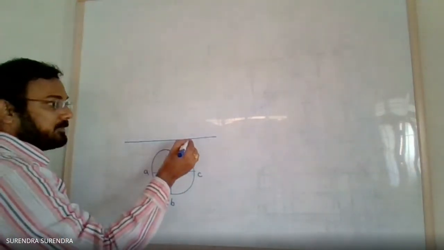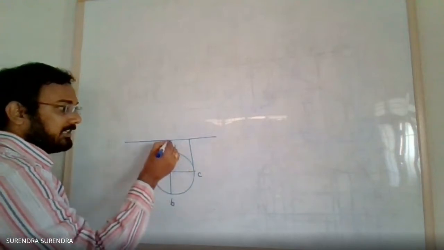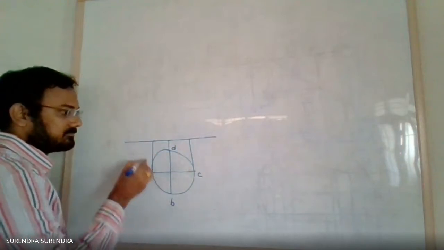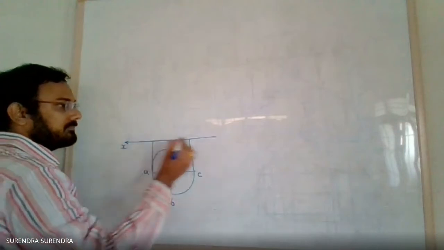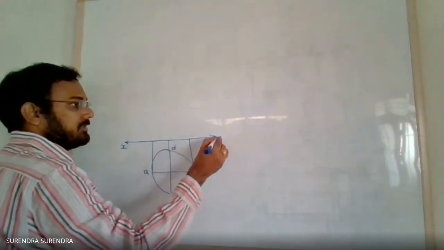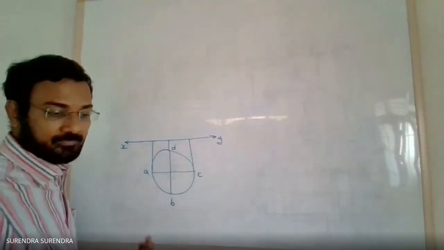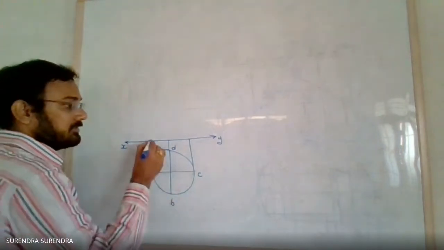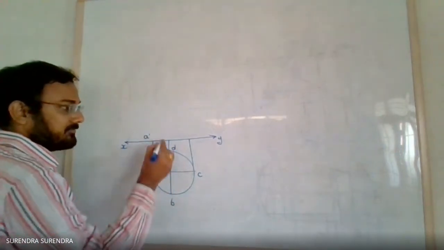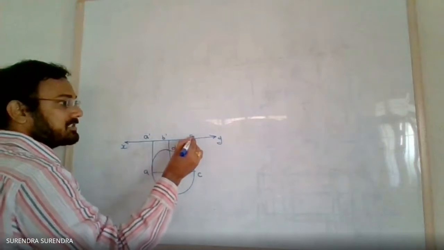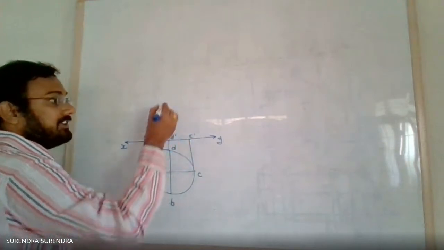Now project the base points up to XY line. Now these are the points A dash, B dash, C dash and D dash.